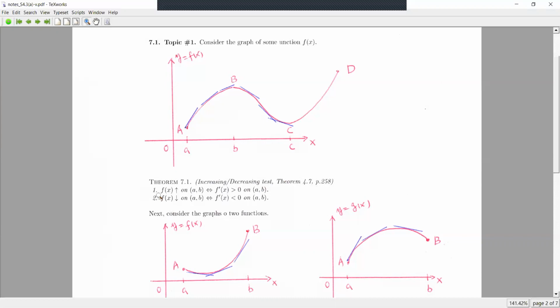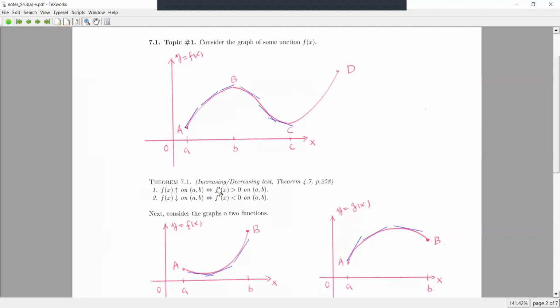Part 1. A function f of x, a function. This is calculus language. Geometrical language is a curve. A function is a curve, a curve is a function. If a curve is increasing on some interval, then the derivative, in calculus language, or the slope, in geometrical language, is positive everywhere on the interval.